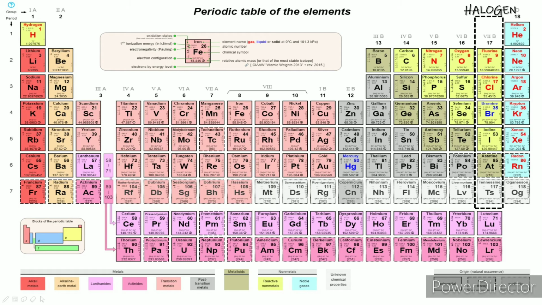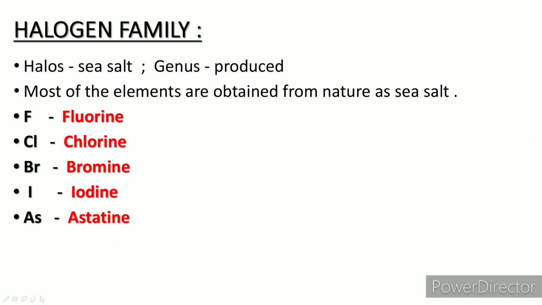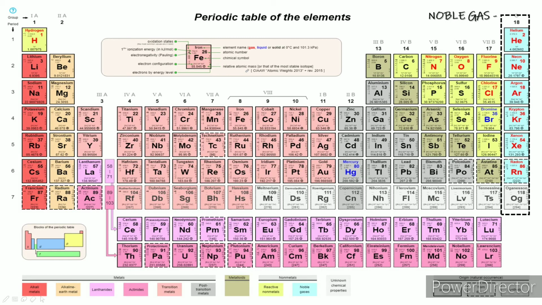17th group, halogen family. Halos means sea salt. Gen means produced. As most of the elements in group 17 are obtained from nature as sea salt, they are called the halogen family. In this group, the elements are fluorine, chlorine, bromine, iodine and astatine. 18th group, noble gases.